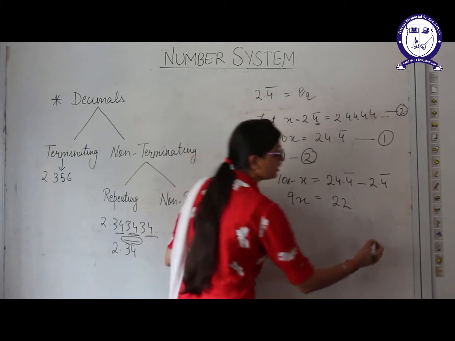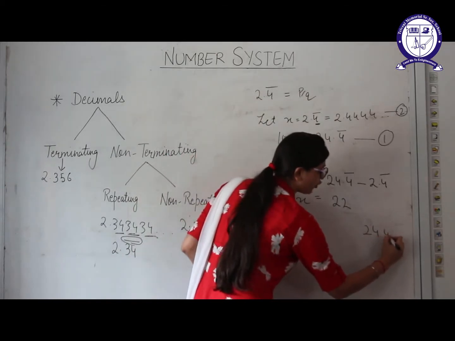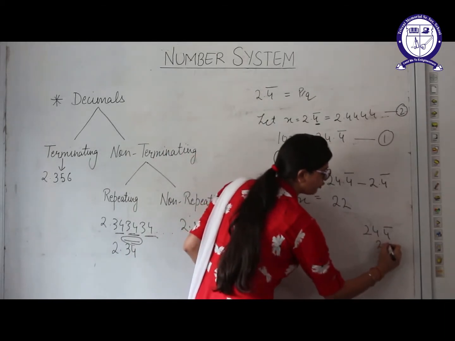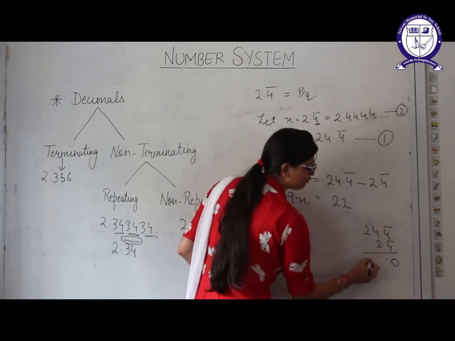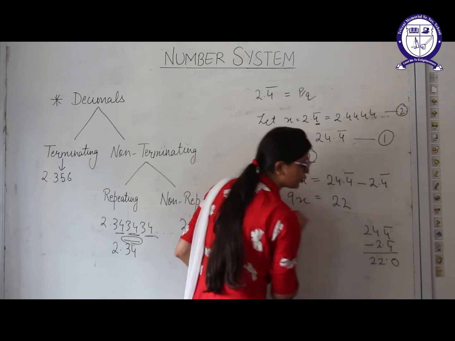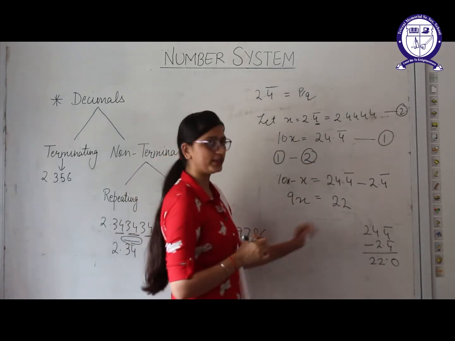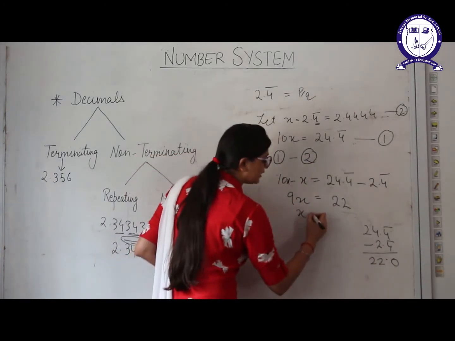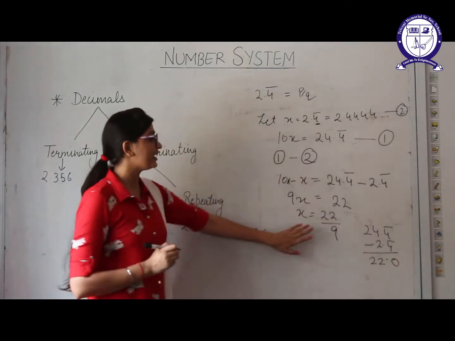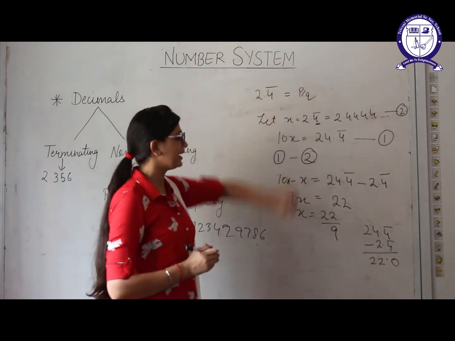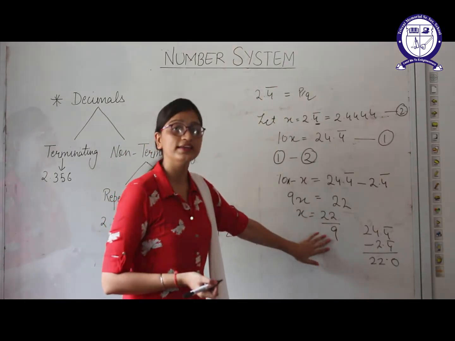How is this possible? Because all these 4s will cancel to 0, and 24 minus 2 will be 22. So it will become 22. And now taking 9 on the other side, it will be 22 by 9. So here we can see that 2.4 bar can be written as 22 by 9.